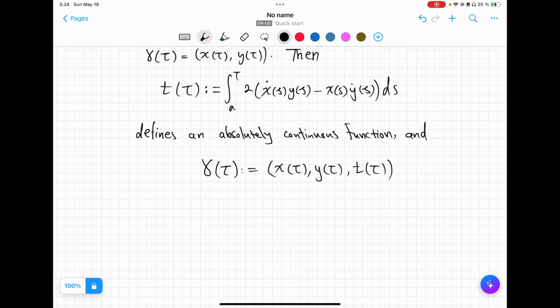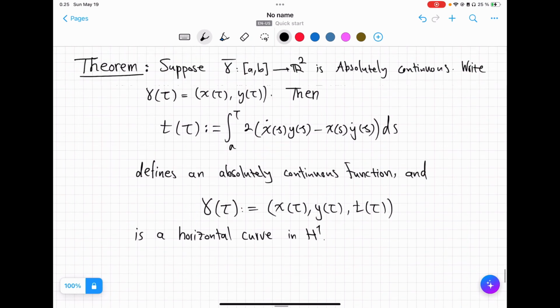Now this is a curve into R3, and the second part of this theorem is that this is a horizontal curve in H1. So that's the theorem. If you start with an absolutely continuous function in R2, you can construct an absolutely continuous curve satisfying the horizontality condition.